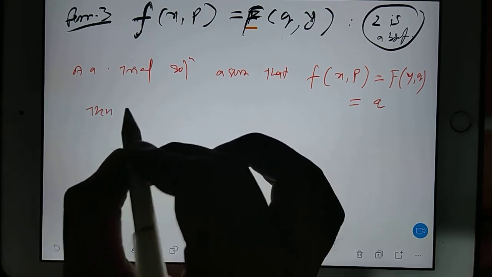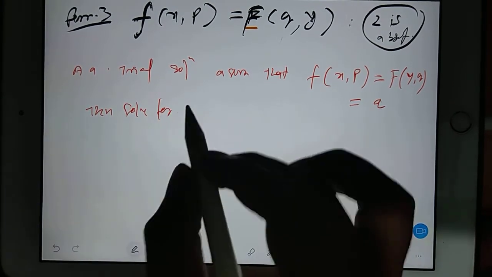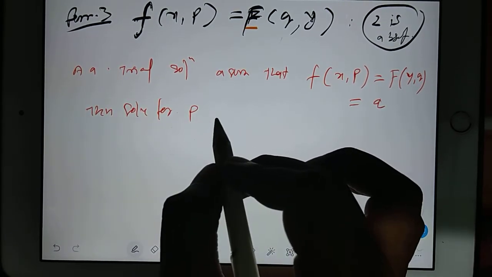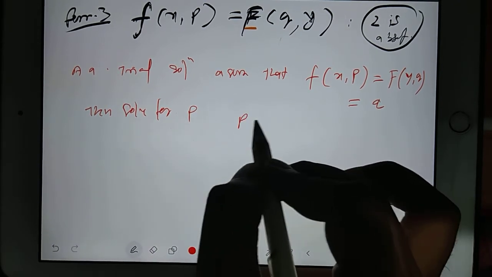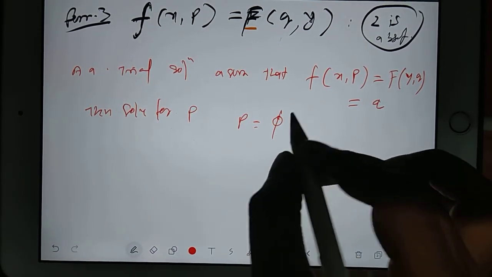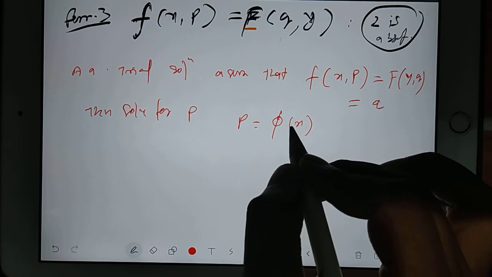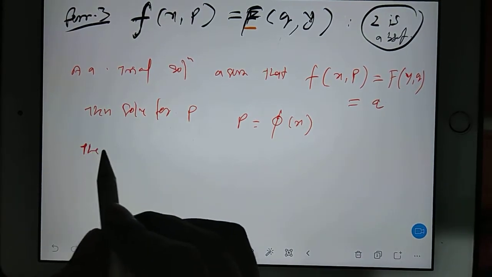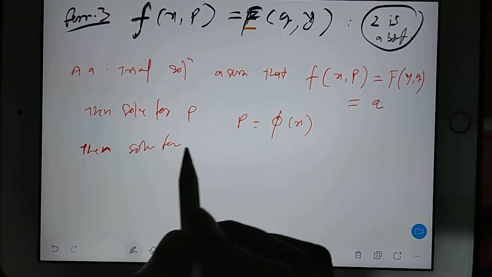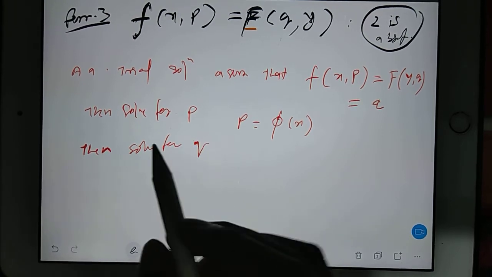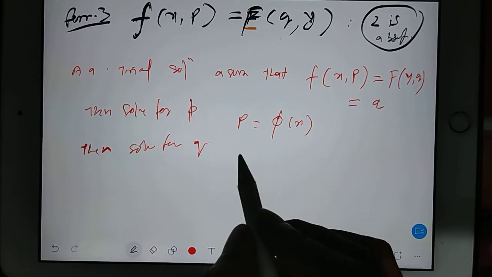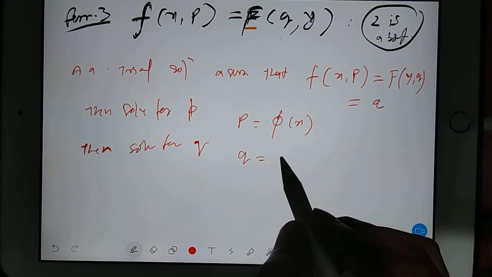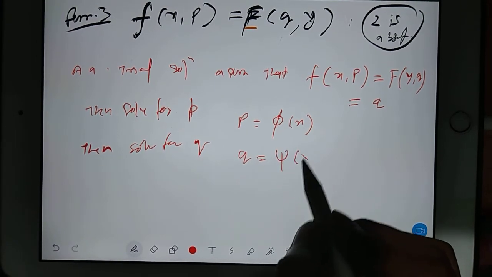Then solve for p. You'll be getting p is equal to some function phi of x. Then solve for q. Then you'll be getting q as some function psi of y.